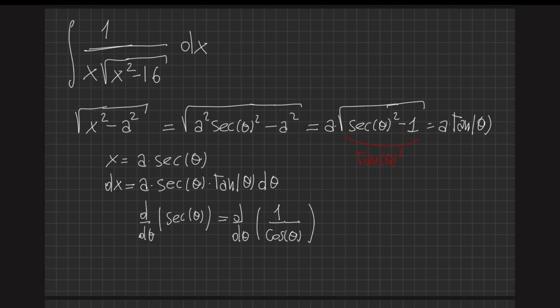Okay, so now we make this change of variables in the specific situation where a has to be equal to 4, as we said before. So let's do this change of variables.